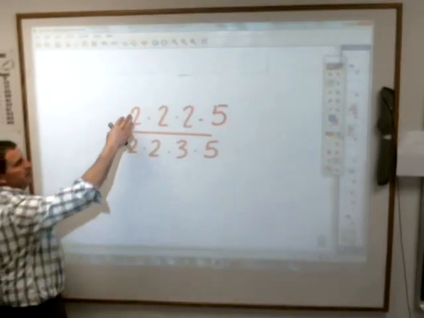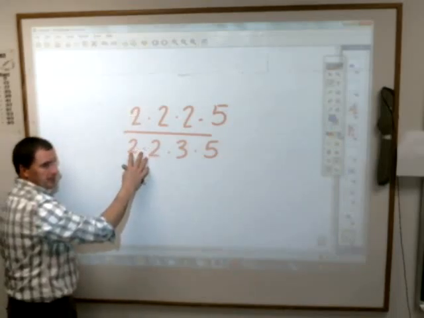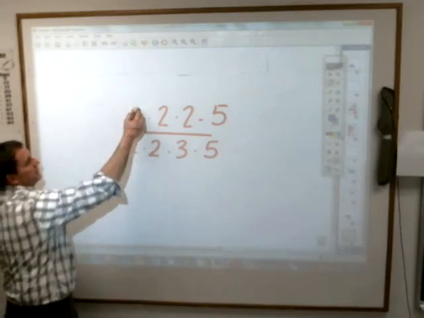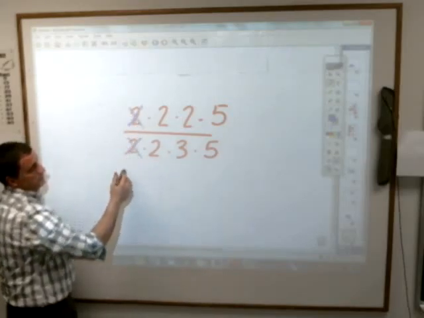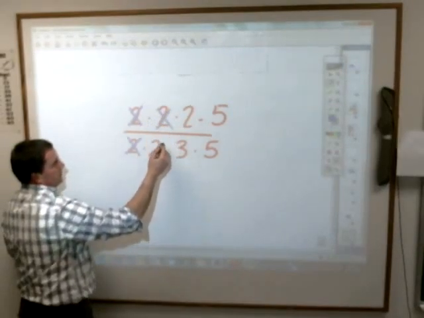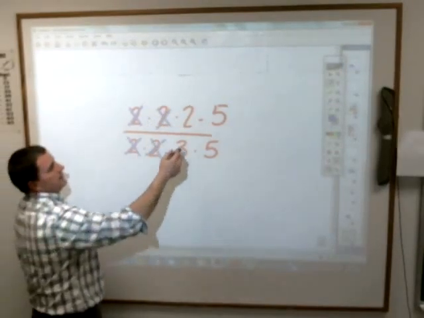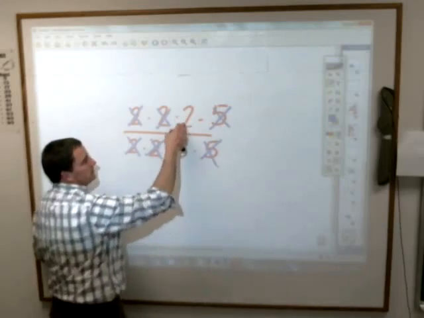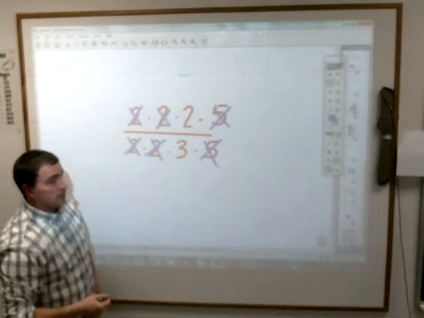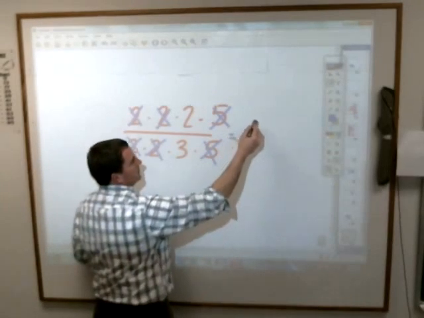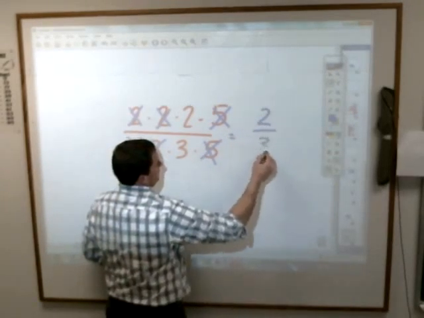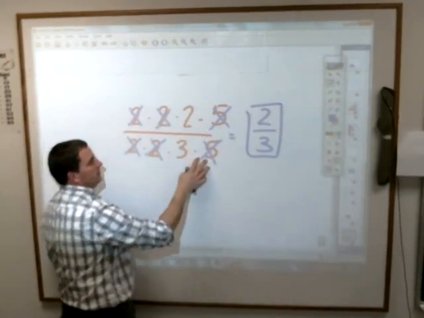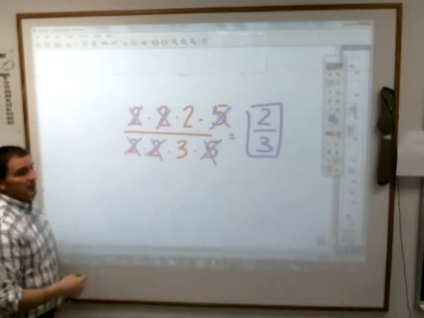I don't take this 2 and cross off all the 2's on the bottom. It has to be 1, 2 with 1, 2. So this 2 can cross off with this 2. This second 2 can cross off with the second 2. This 5, since it has the same 5 on the bottom, can cross off. These 2's and those 3's don't cross off, so that's what's left, and you're left with 2/3 as the fraction left over. Rather than multiplying all that, and then dividing it out and reducing it, you can do that.